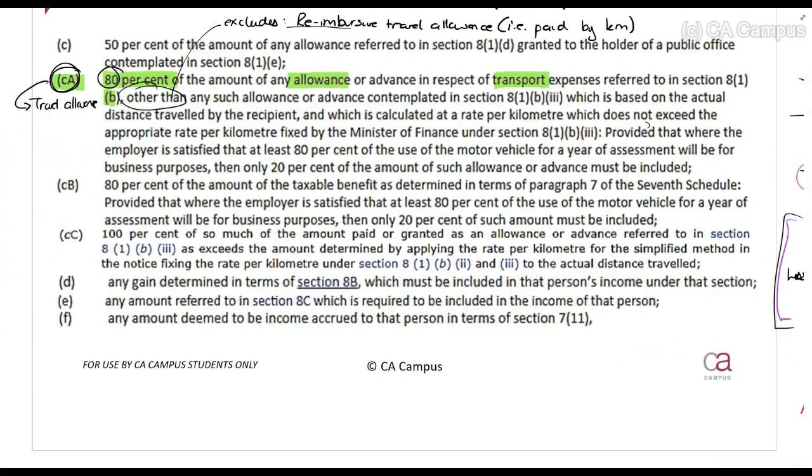Okay, so 80% of the travel allowance. Then here's a special rule, provided that if the employer is satisfied that at least 80% of the use of the motor vehicle will be for business purposes, then only 20% of the allowance must be included.